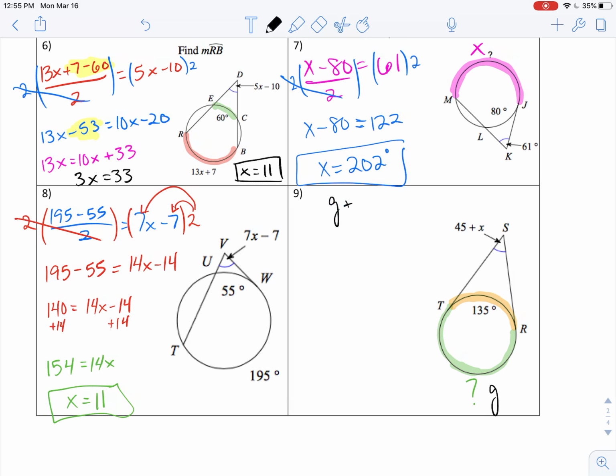So G plus 135 equals a whole circle, which is 360. Therefore, G must be 225 degrees.